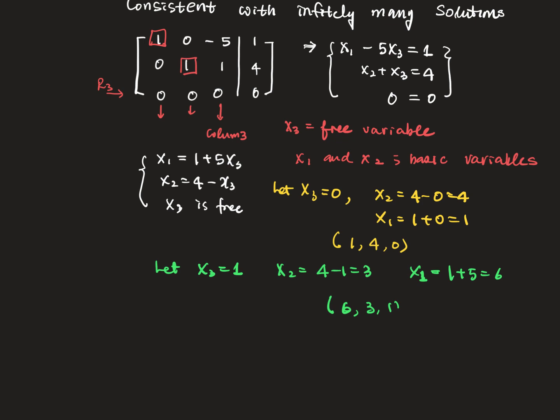Guys, since x3 is a free variable, you can pick any number from the real numbers. So x3 is going to be s. Then x2 is 4 minus s, and x1 is 1 plus 5s. We call this form the general solution.